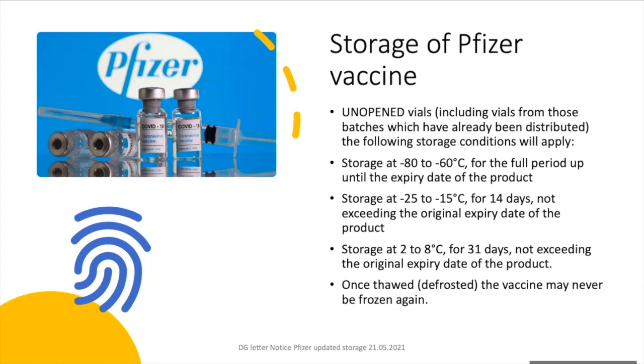Then as they begin to use them, they thaw or defrost them. These are the situations in which the vaccines are kept in order to maintain what we call a cold chain, so that the vaccine stays stable. I just wanted to show you this so that you understand. If you get the Pfizer vaccine, it might feel a bit colder, or you might see that the sister is taking it out of either the fridge or the cooler box where they're keeping it at the clinics or the vaccination sites.